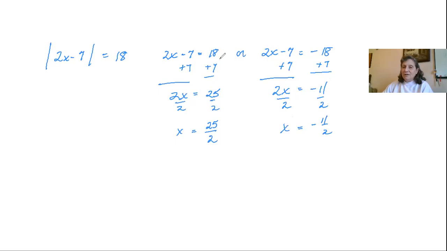Sometimes people will think that they could just work the positive part and then just get the opposite of that. You can see that that doesn't necessarily work. So the solution set is the set of all values x such that x is 25 over 2, or x is negative 11 halves.